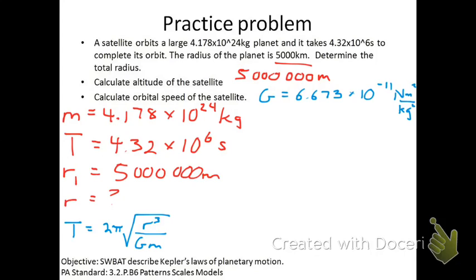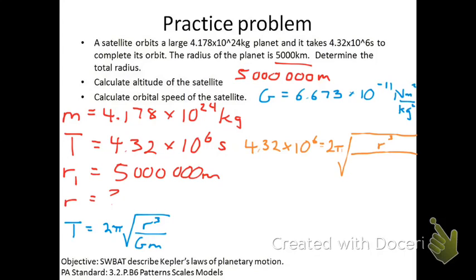So what is it going to look like here? I'm going to write this part in orange. It's going to look something like this. 4.32 times 10 to the 6th power equals 2 pi times the square root of r cubed. Or I'm sorry, r is a quantity that we don't know.